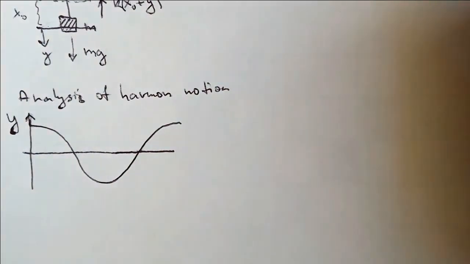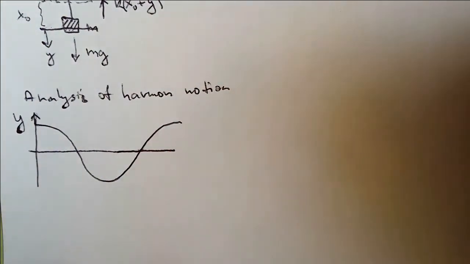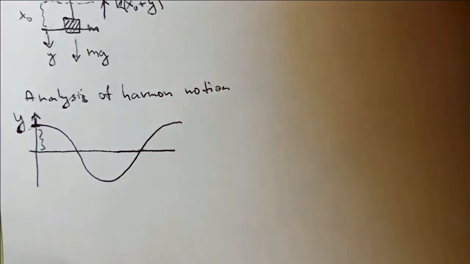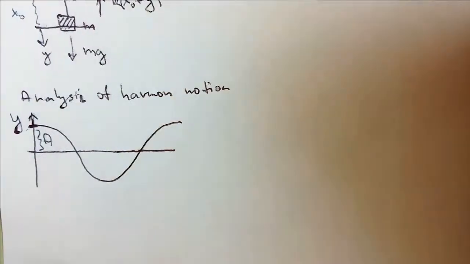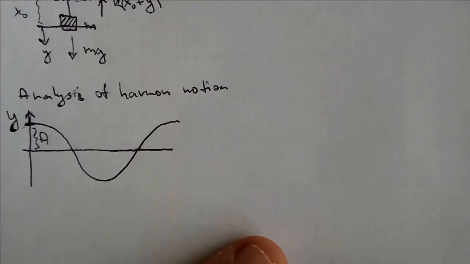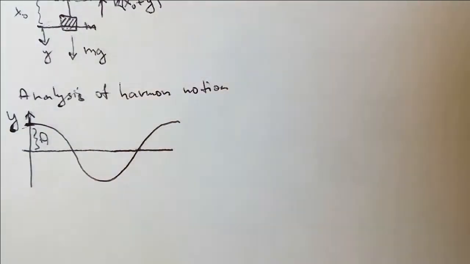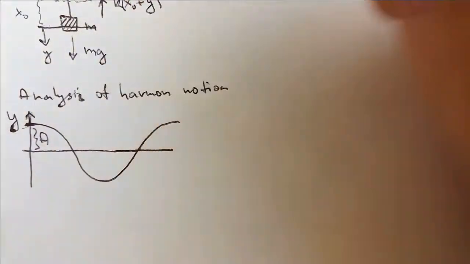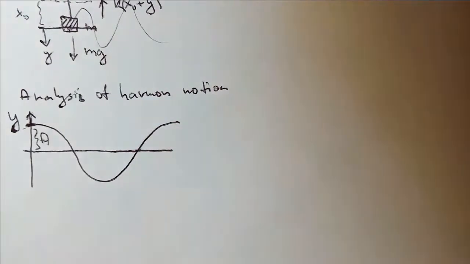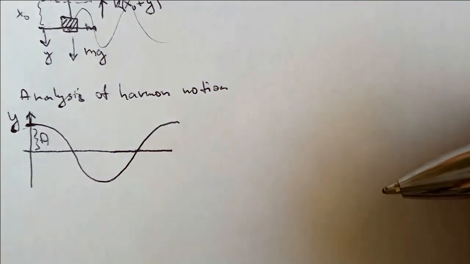This is the displacement y from the initial position, or from the equilibrium position, and this length is called the amplitude, because the amplitude is the largest distance which the bob is moving up and down. So this is up and down from this initial position, and it can be described by the cosine function.